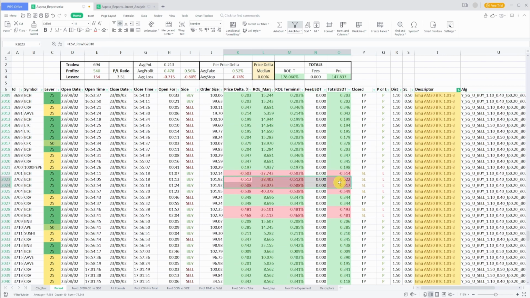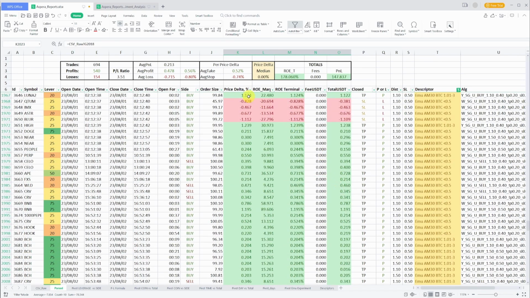It's very difficult to extrapolate the results of the emulator in terms of profits or losses or ROE to real life. So we need to find some sort of metric that is close enough, good enough, but that's not being overly optimistic. Talk about being optimistic, look here at the average take. It's over 0.5%.